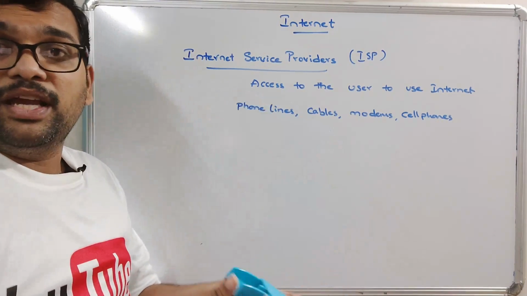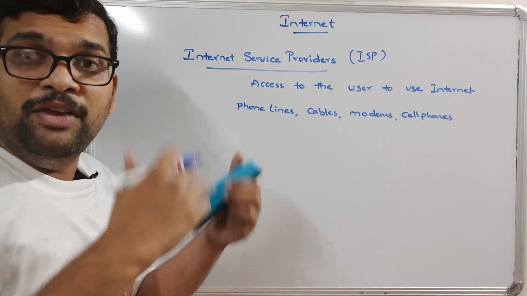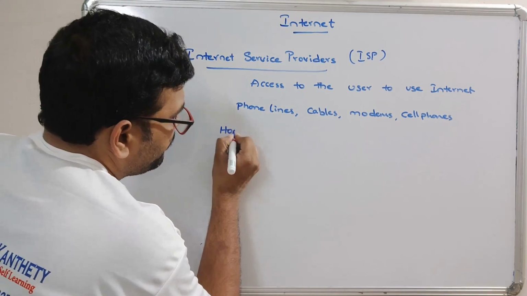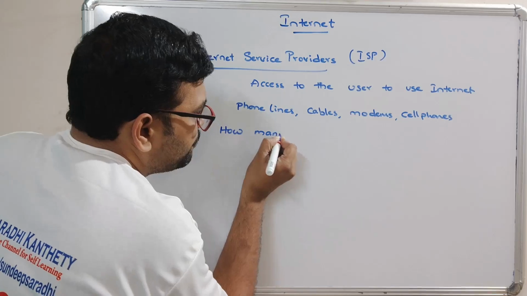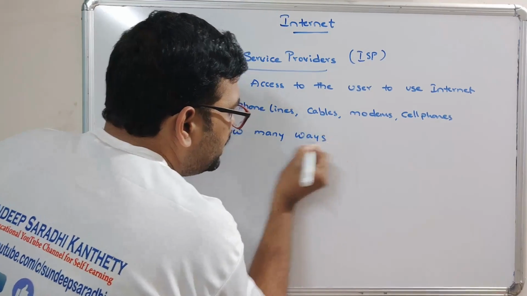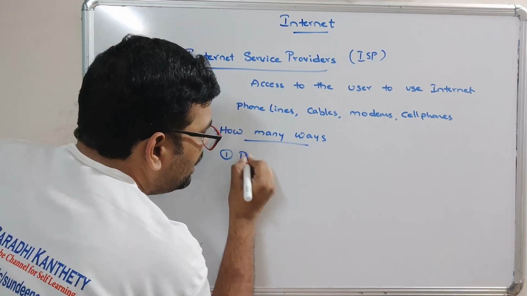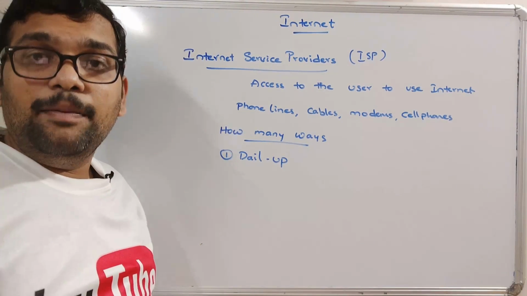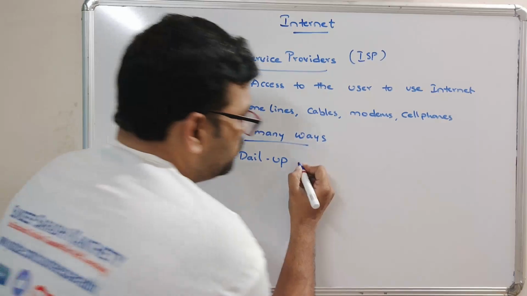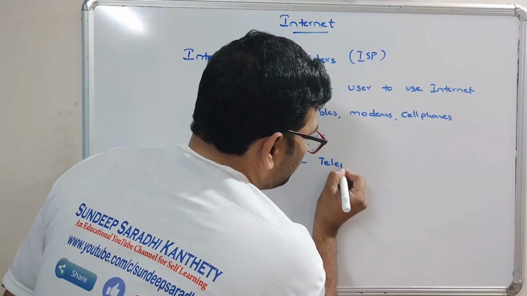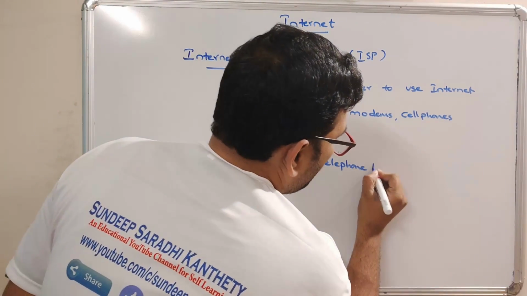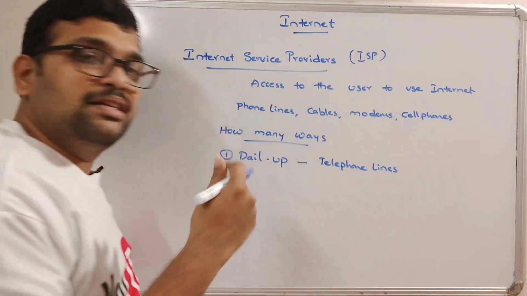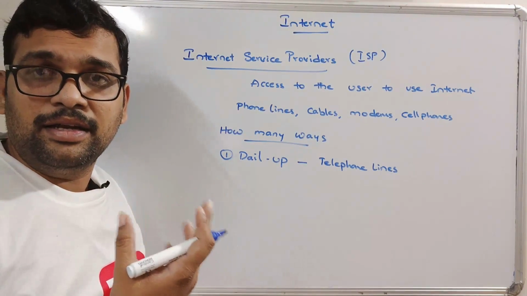Now, how many ways can we connect to the internet? The first thing is dial-up. Dial-up means it uses telephone lines to connect the system to the internet, right?